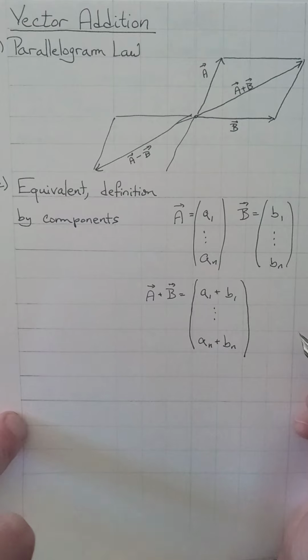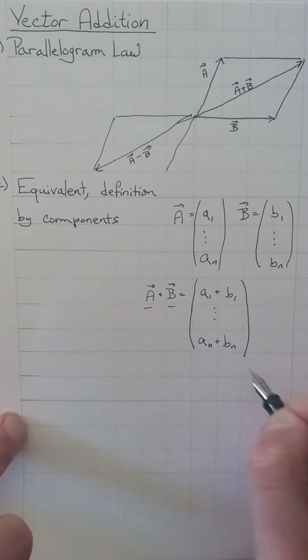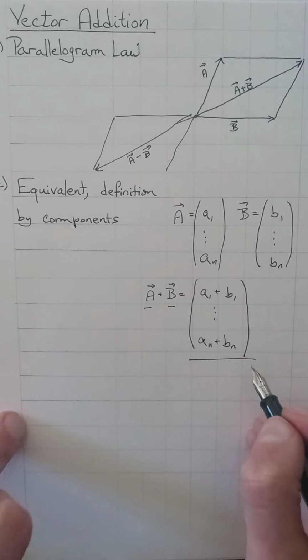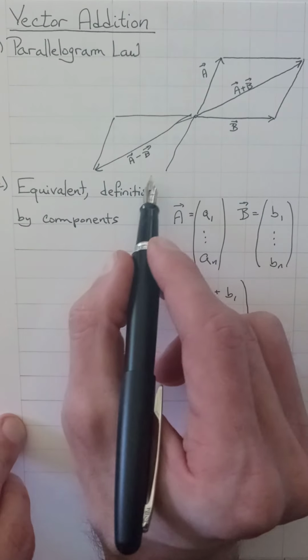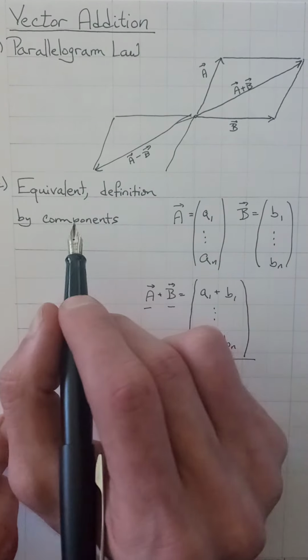That takes in two vectors, A and B, and spits out a third vector, which is their sum. And geometrically in 2 dimensions, it's exactly the parallelogram law.